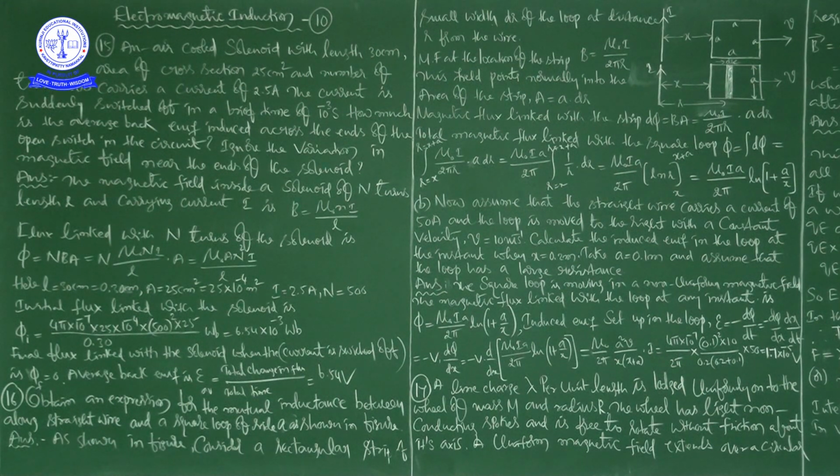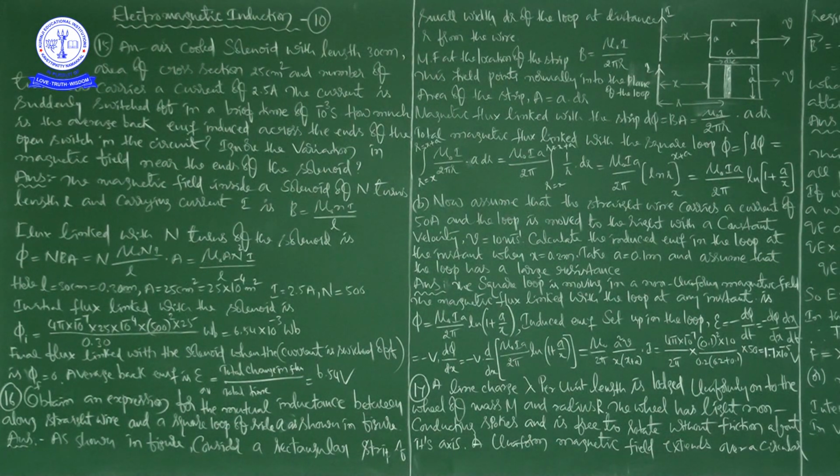Next, the total magnetic flux linked with the square loop, phi, is equal to the integration of d phi.